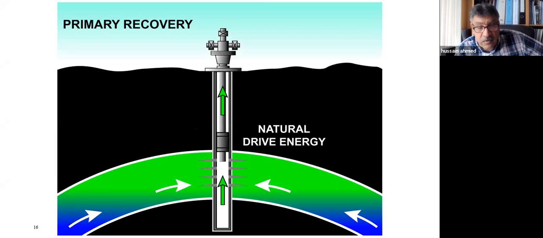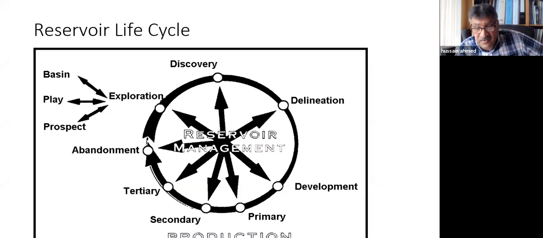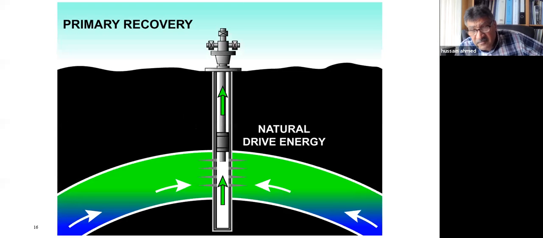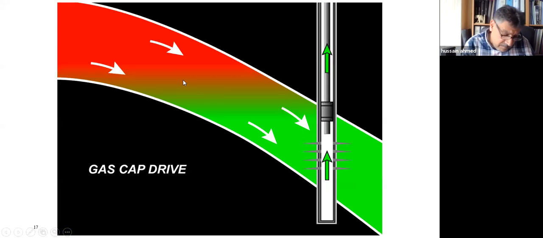It's an important subject. To understand the reservoir and reservoir behavior, you will start from the primary recovery, from the natural drive mechanism, such as water drive or gas cap drive.